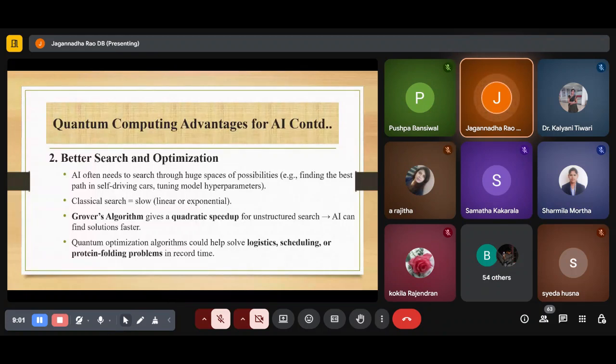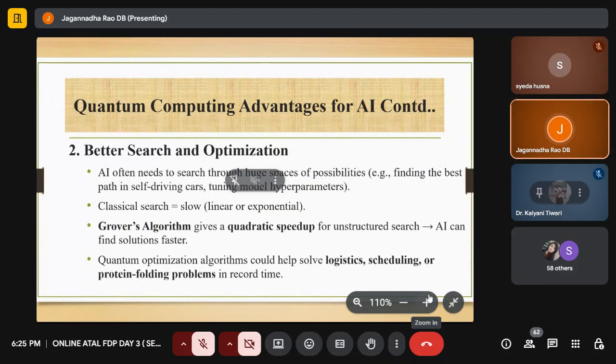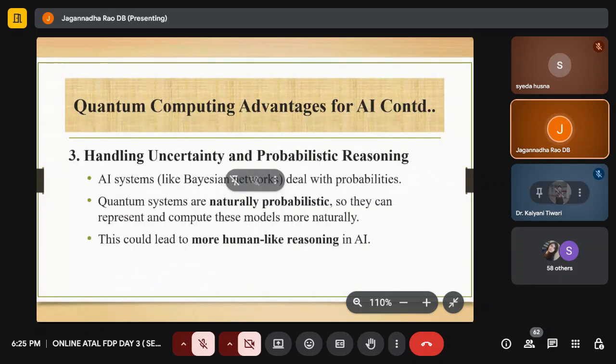But in quantum, Grover's algorithm is an important algorithm. It gives a quadratic speedup for unstructured search, so AI can find solutions faster. In detail, I will talk about unstructured search at the next level. Quantum optimization algorithms could help solve logistics, scheduling, or protein folding problems in record time.